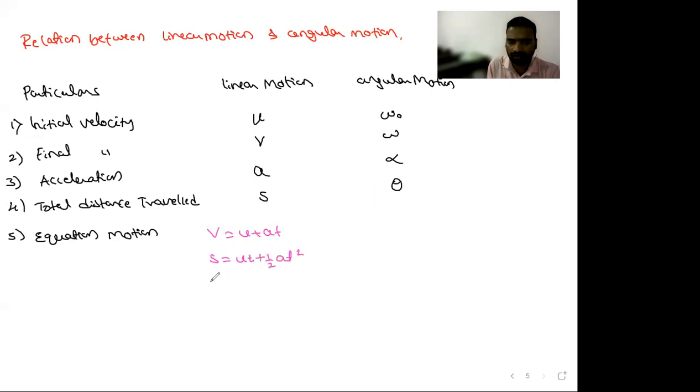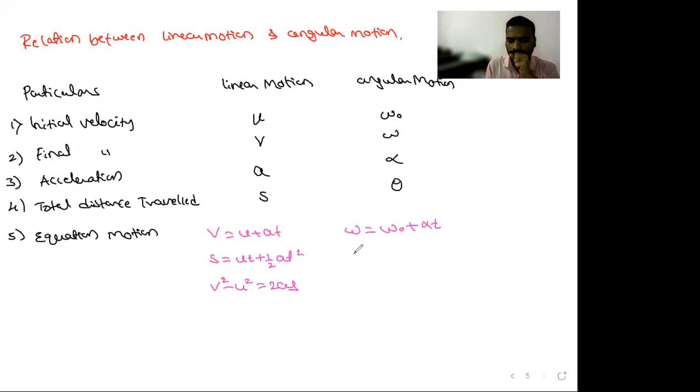Then v square minus u square is equal to 2as. Compare this and tell me. So v is denoted by omega, omega is equal to omega naught plus alpha t. Correct?